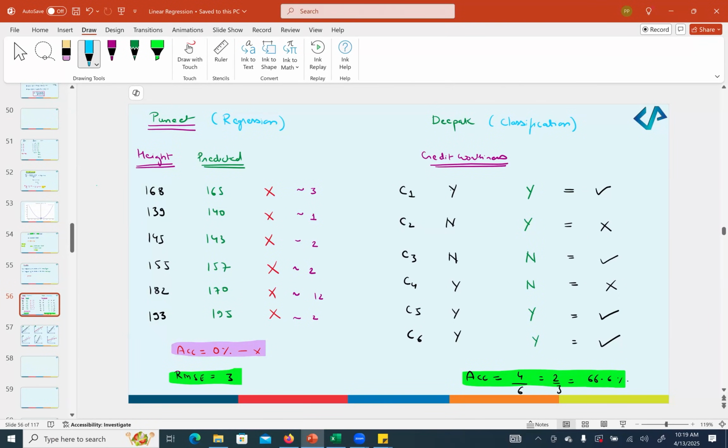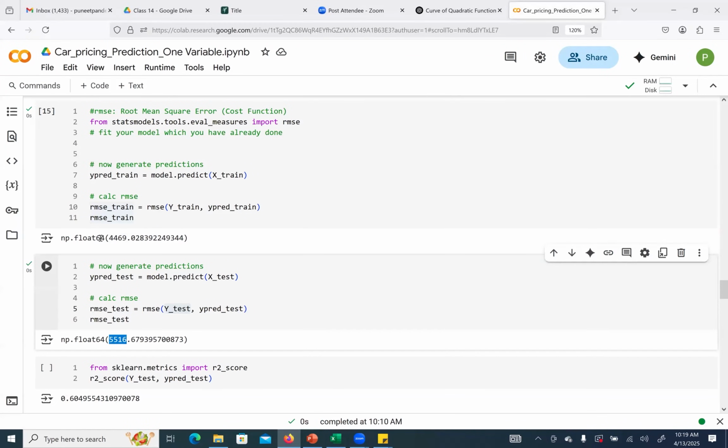RMSE can be -5,000 also, it can be +5,000 also, it can be -30,000 also, it can be +30,000 also. So which one is correct? I don't know how much is fine. Whether this 3,300 or 5,500 or 4,400 that we see is low error or high error, we don't know.